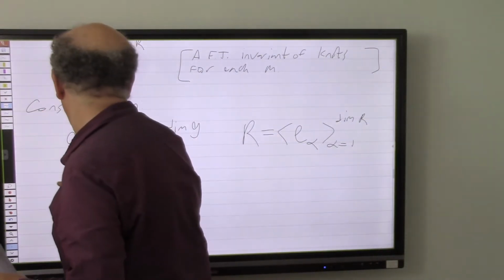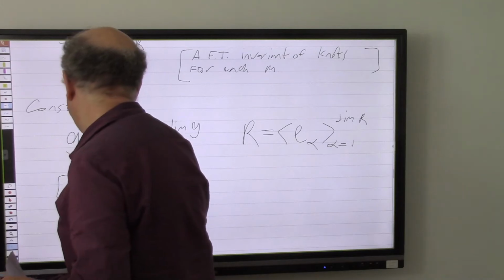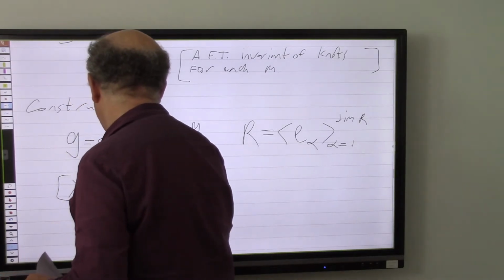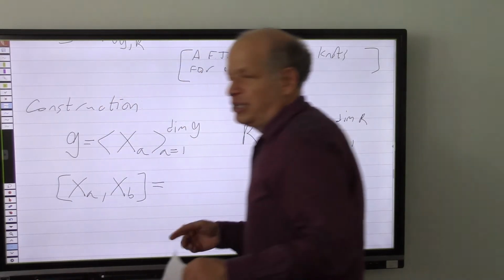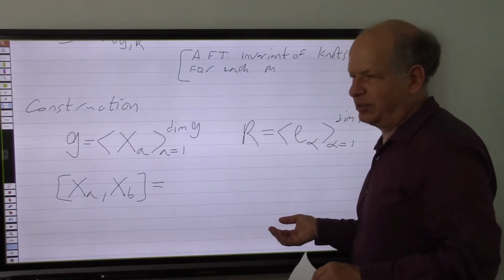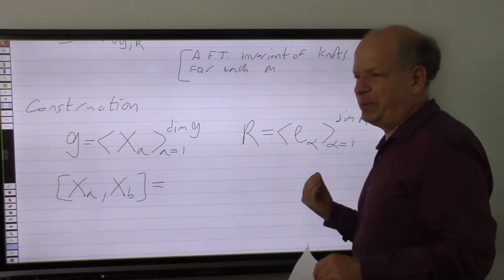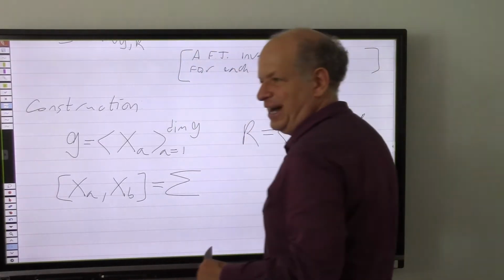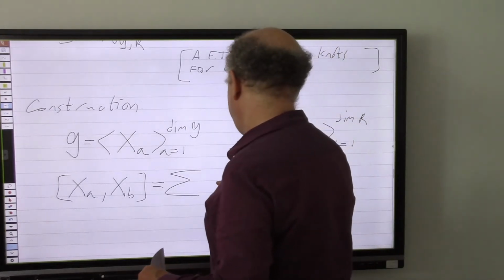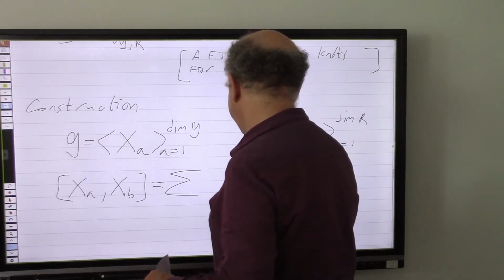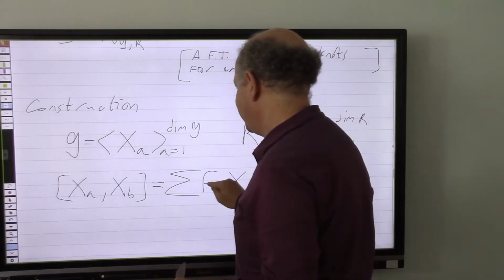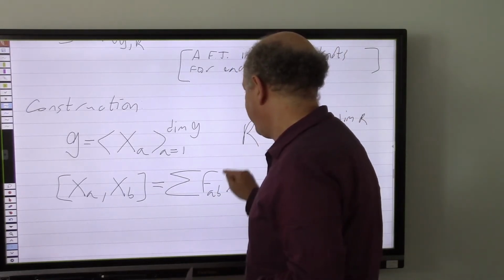So first of all, if I compute the bracket of two basis elements, x_a and x_b, then I should be able to write it as a linear combination of basis elements. So this should be writable as a sum of the basis element x_c with coefficients that I will denote f_ab^c.